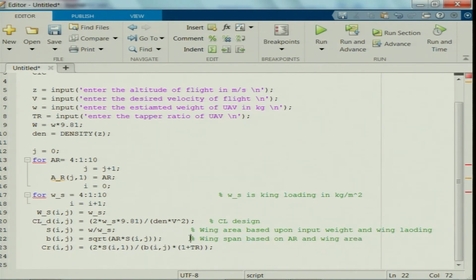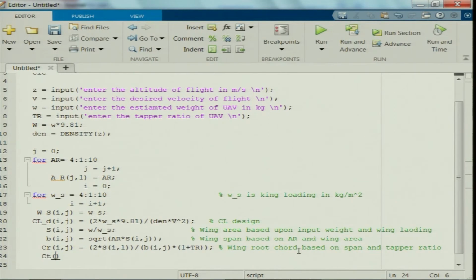Okay. And then root chord CR, or root chord based on aspect ratio, or say span b, and taper ratio.